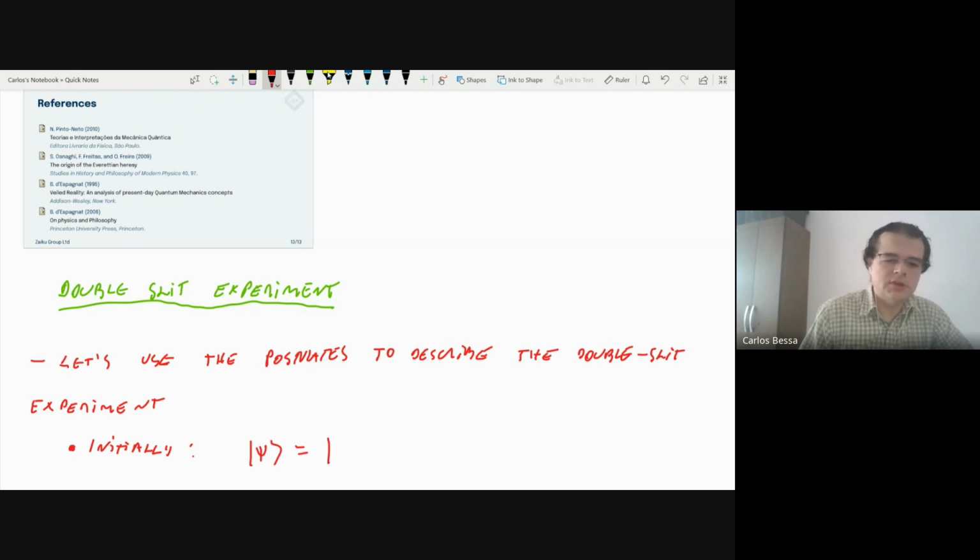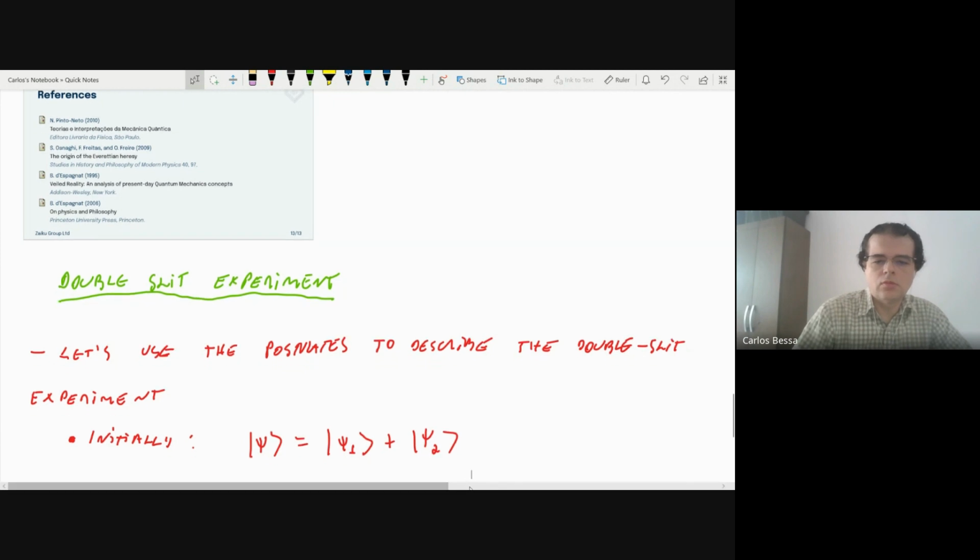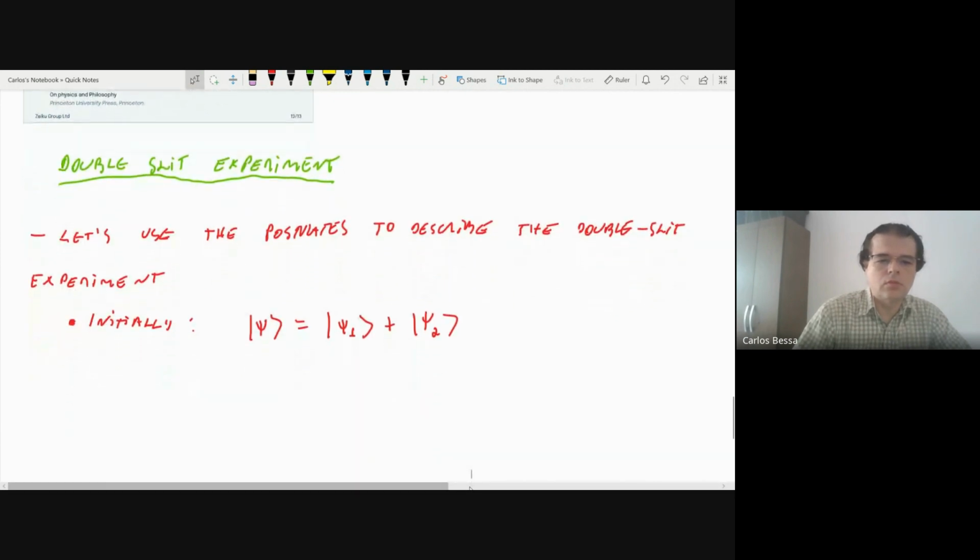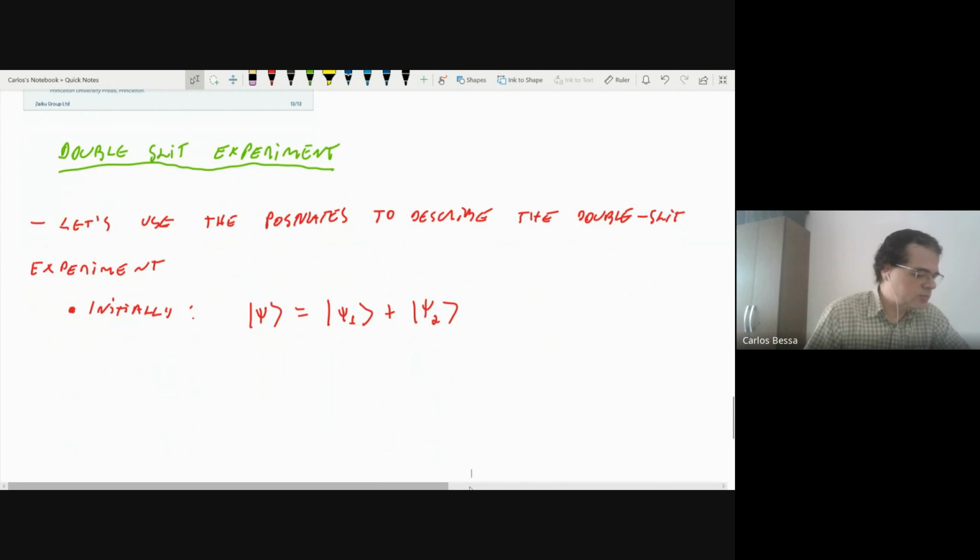And in the double slit experiment, the state psi is given by psi 1 plus psi 2.